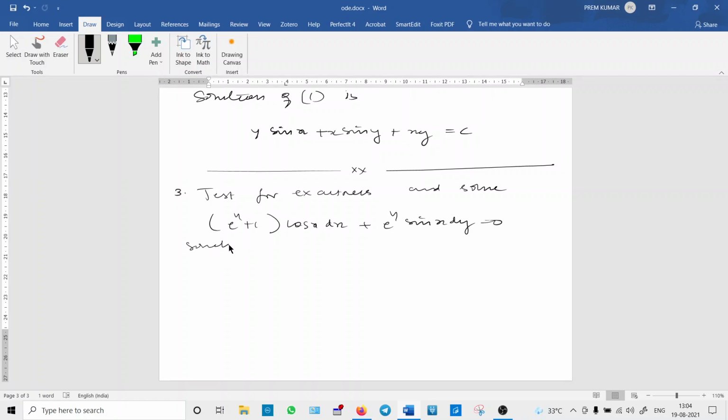So the solution, clearly from the first equation we get M equals (e^y + 1) cos x and N equals e^y sin x. So what is ∂M/∂y? This is a constant, no? So e^y cos x.